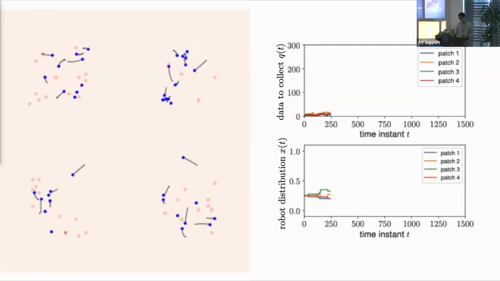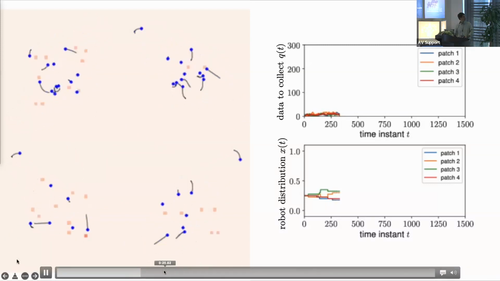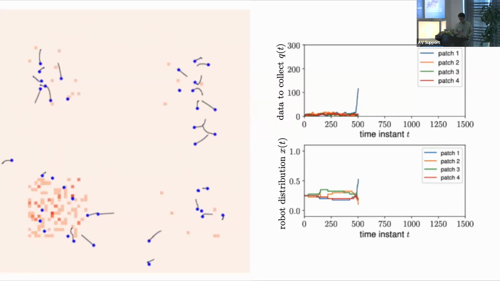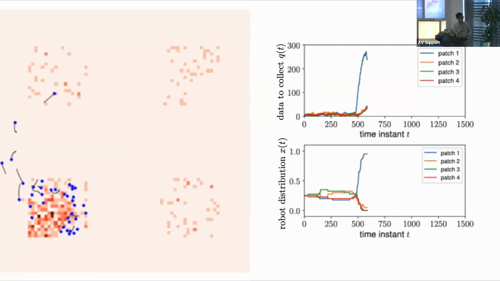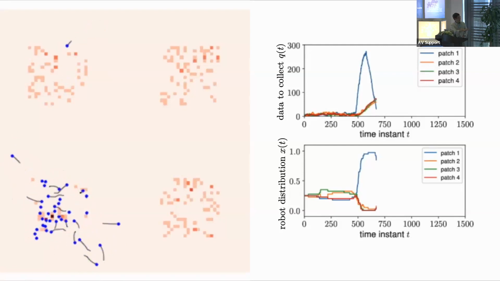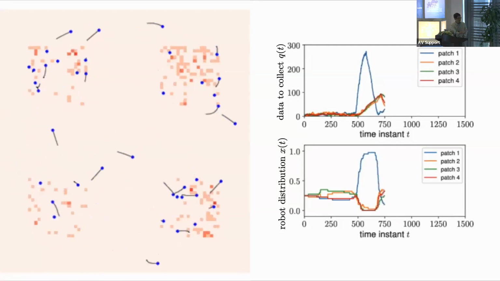I will jump a little bit to the later portion. At some point, maybe there is an event that would draw much of the attention of the robots, so we have to move the robots to some location to collect a lot of data. Maybe there is a bleaching event happening in one of the patches.